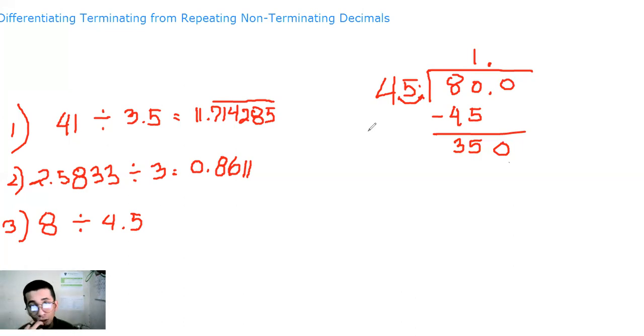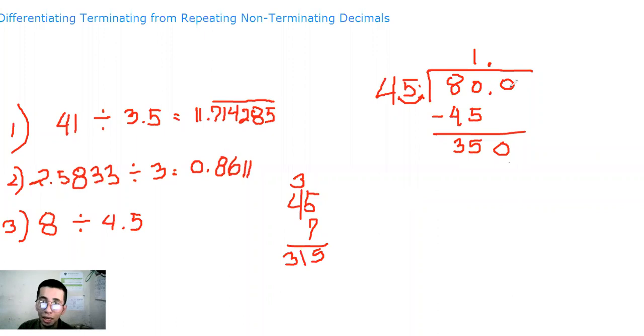Siguro mga 7. 7 yan. So, try natin mag-7. 45 times 7. 7 times 4, that's 28, and 3, 31. Okay?